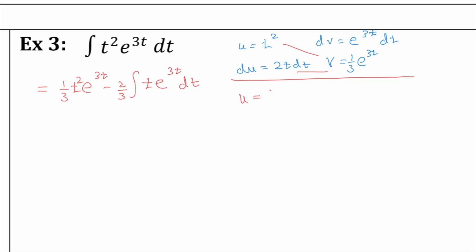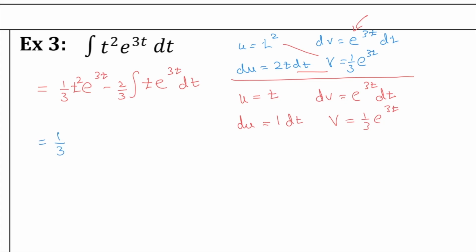U is equal to t, and dv is equal to e to the 3t dt. So once you've decided on the first part, continue with that process, even if you have to do a couple of steps or a couple of integration by parts. Find our antiderivative. We have 1/3 e to the 3t again, and now we're ready to find an equivalent expression.